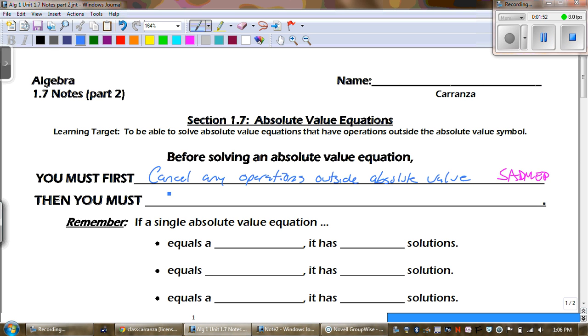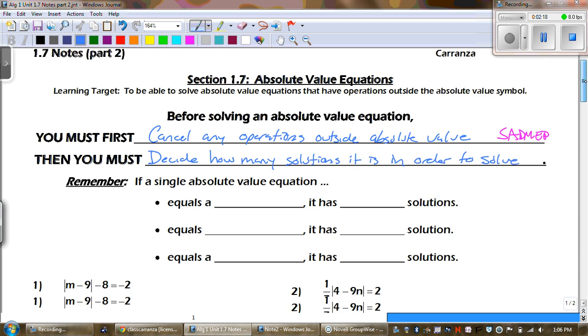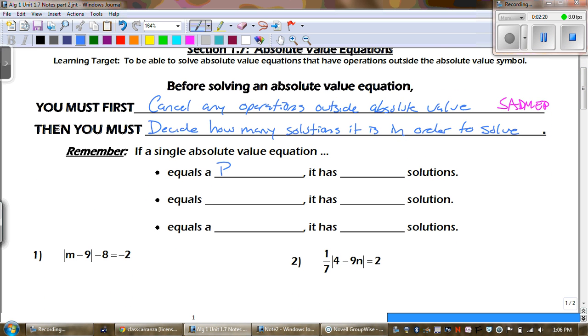Then, once the absolute value is all by itself, you must decide how many solutions it is in order to solve. And that's what we just talked about. If it equals a positive, it has two solutions.